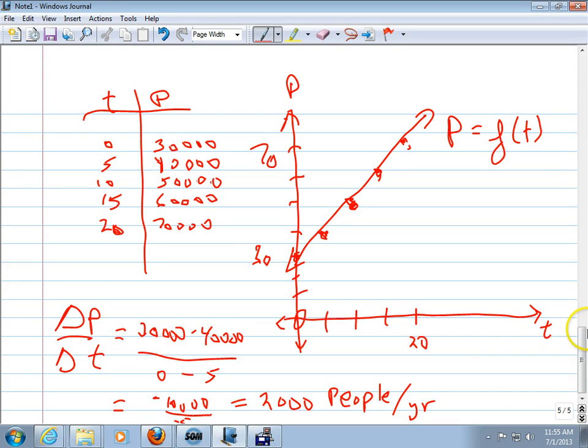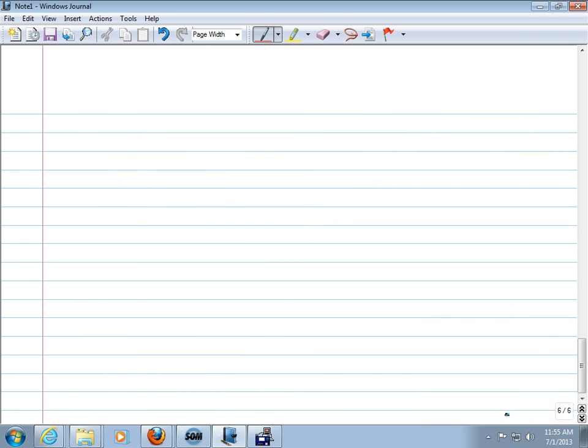Let's see. I'll get another page going here. All right, so we got that the slope m is delta p over delta t is 2,000 peeps per year, okay?